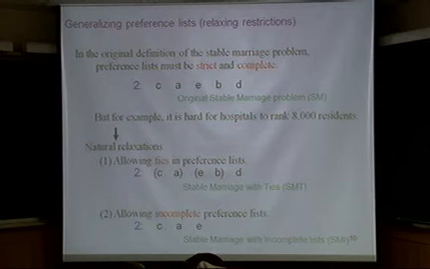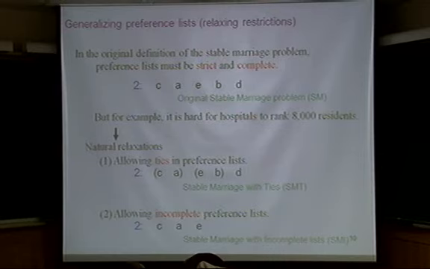But in a real application, it's inconvenient. In a Japanese hospital student matching system, we have about 8,000 participants, students apply. So it's hard for each hospital to make a list including all of them.